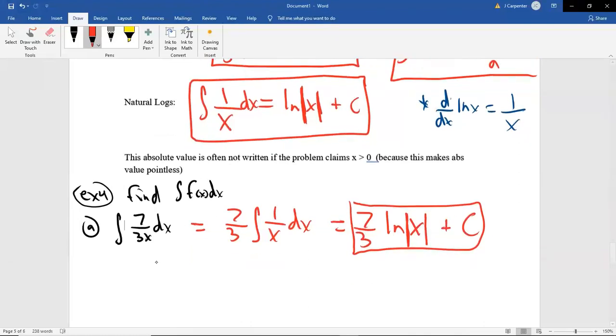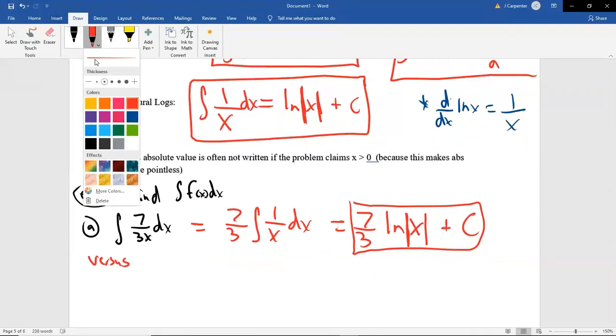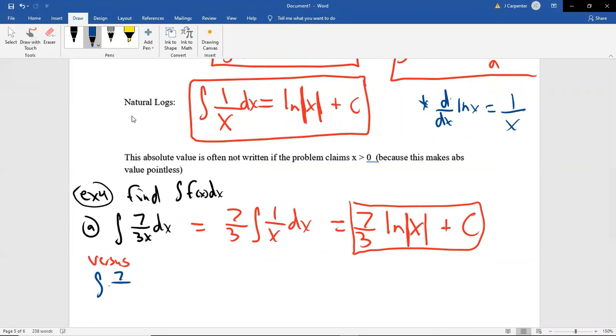So let me show you what I'm saying. I'm going to do a versus, and I'll do this in blue. So let's say the problem was 7/3x dx, where x is positive. Then when you integrate, you have your 7/3 integral 1/x dx. And again, if you don't need to show this middle step, you don't have to.